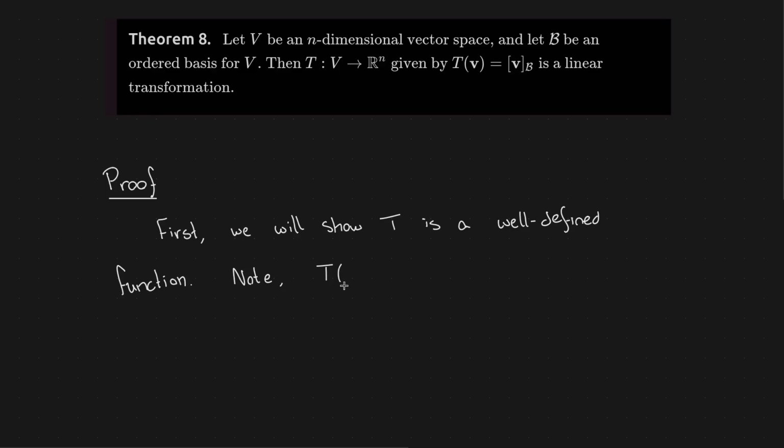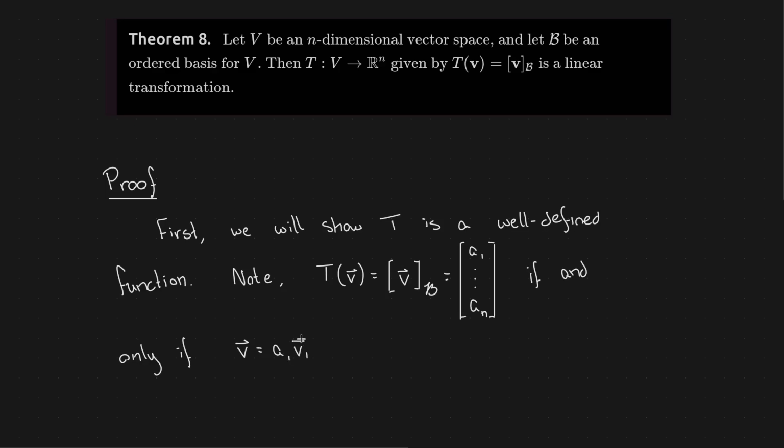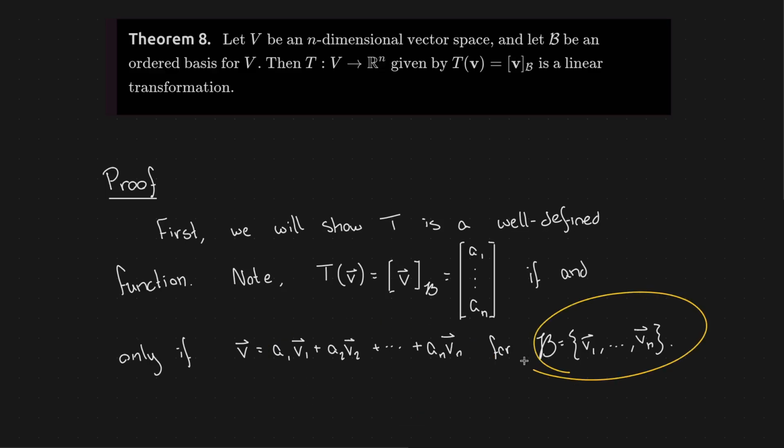Note T of v is equal to the coordinate vector of v with respect to basis B, which remember is just the coefficients of the linear combination of the basis vectors.